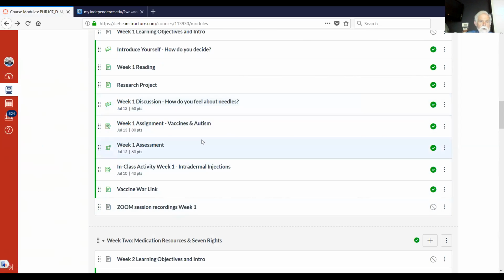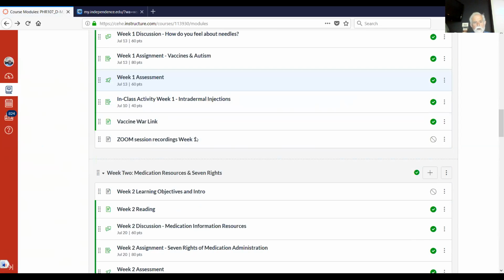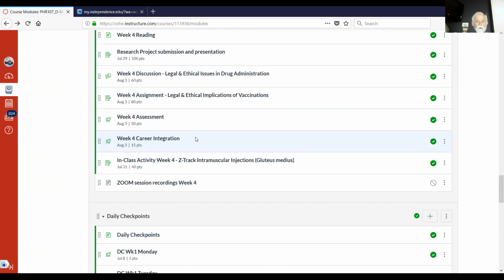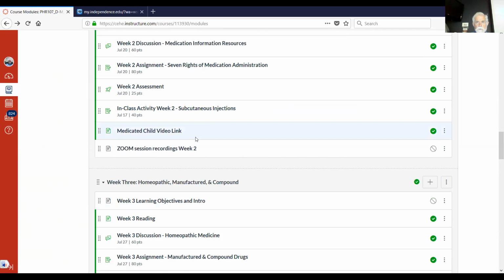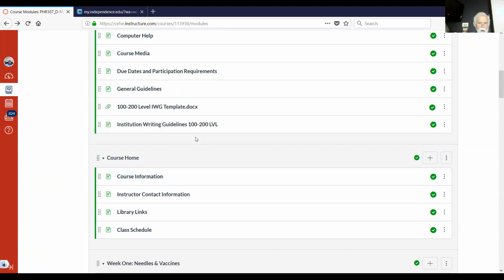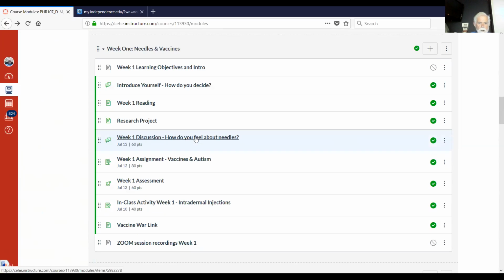These assessments can be done outside of class, except for the week 4 assessment, the last one, which we'll do in class. If you have questions, email me.